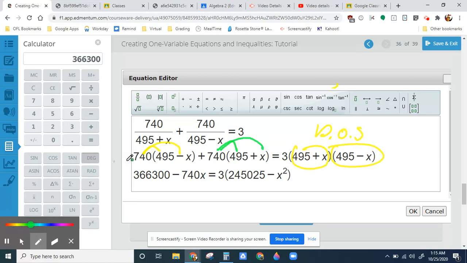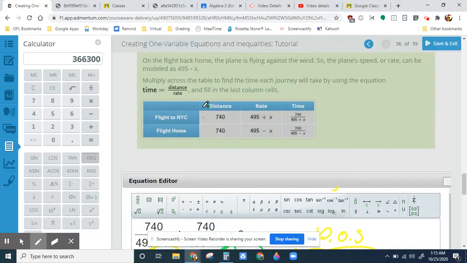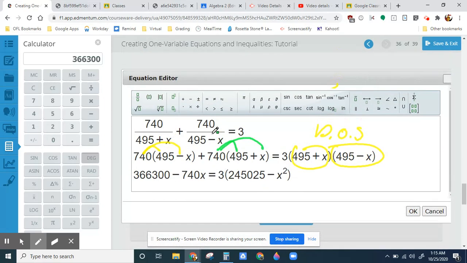So, not ironically, there's a reason why they're the same because of the original distance. They're the same, so I can still say this is plus 366,300. It's going to be plus 740x. And as you can see here, like I said, this cancels out with this.